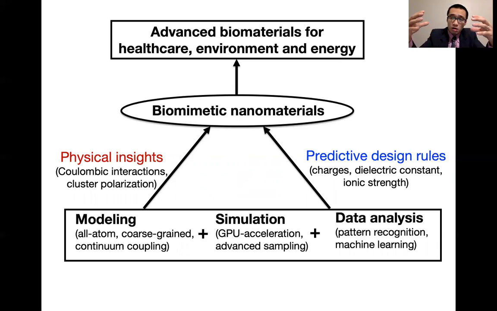And this will offer a lot of opportunities for us to engineer building blocks, materials, and devices that solve global challenges in healthcare, environment, and energy.